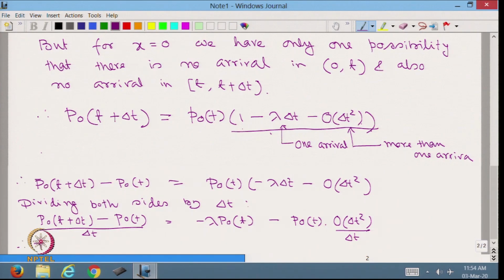Therefore, taking limit delta t going to 0, we have the following.